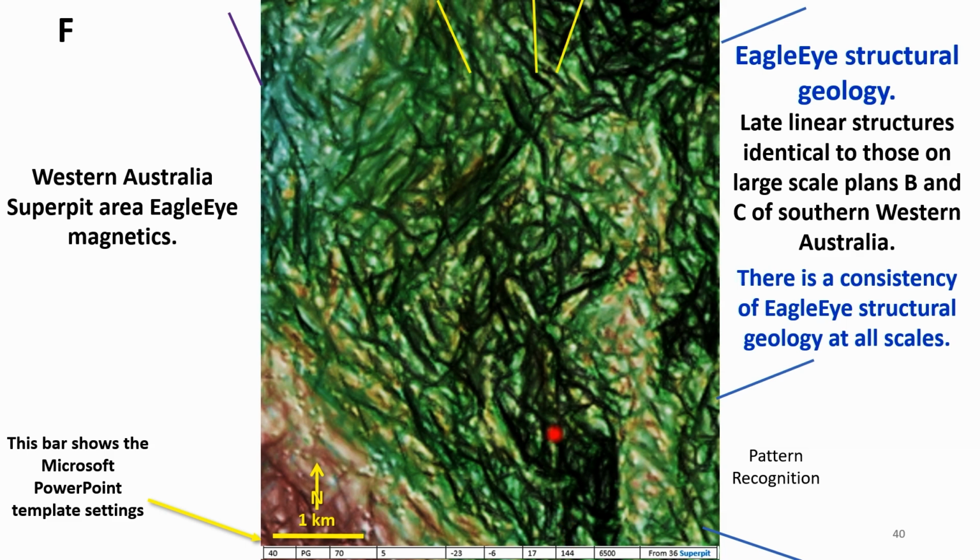You've got strong north-south structures, which is the Adelaide fault system. You've got east-northeast structures and west-northwest structures, quite clearly seen. And they are all known to be where they are on the ground in Kalgoorlie.